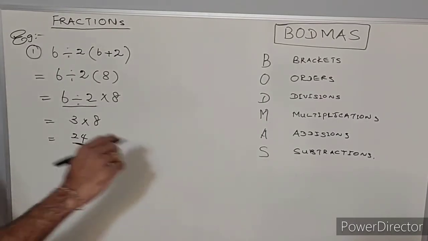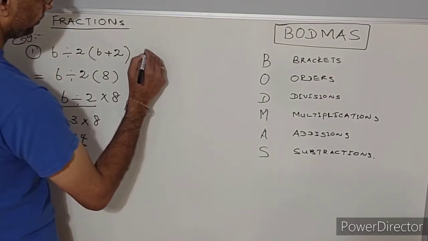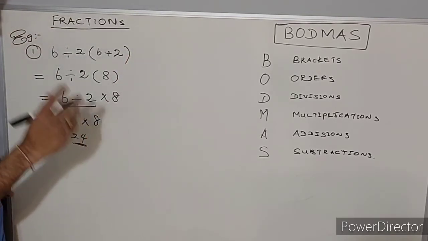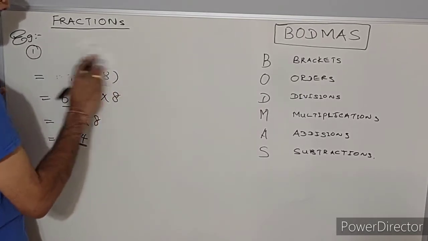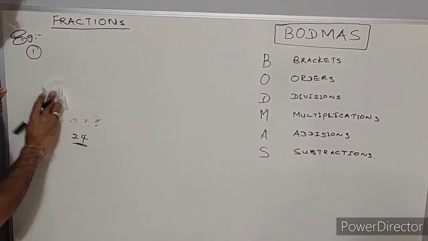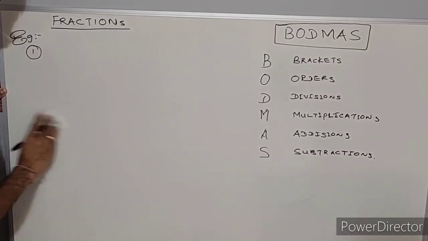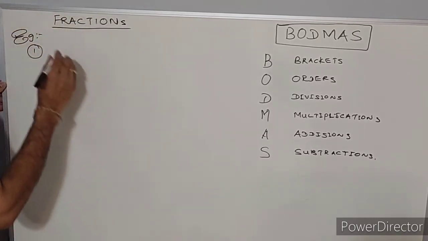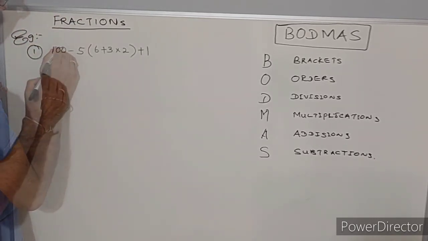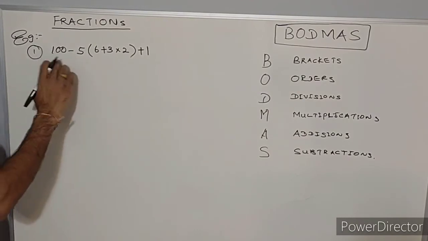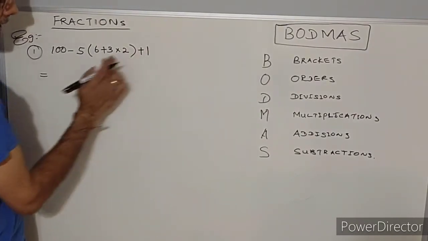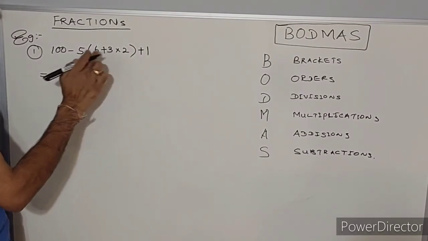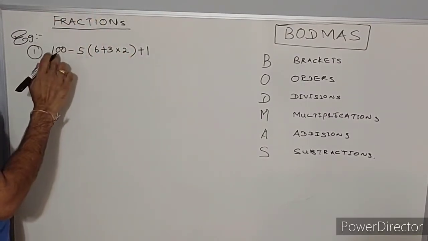Okay, second. In these fractions we have to follow the BODMAS levels, so first brackets. Okay, there are brackets here, so we can do the brackets. Then we can write it down.